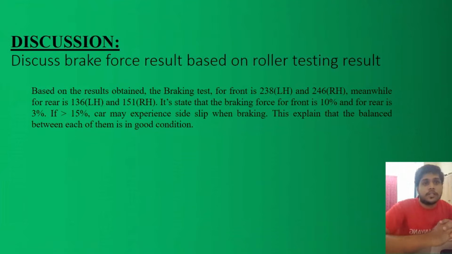Okay, next is discussion. In this discussion, the question is to discuss the brake force result based on the roller testing result. Based on the results obtained by us on this roller testing, the braking test for the front side is 238 for the left hand side and 246 for the right hand side.